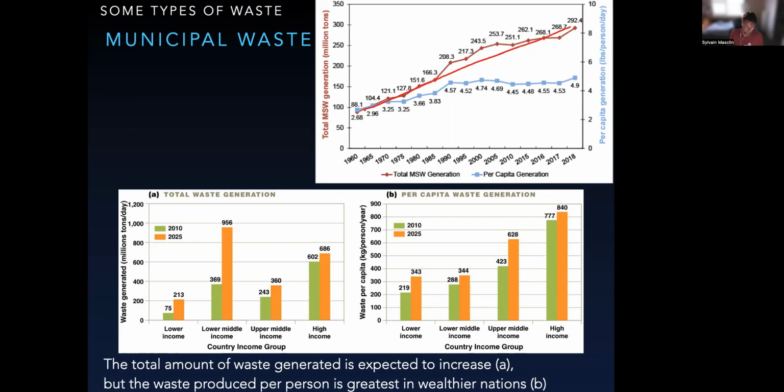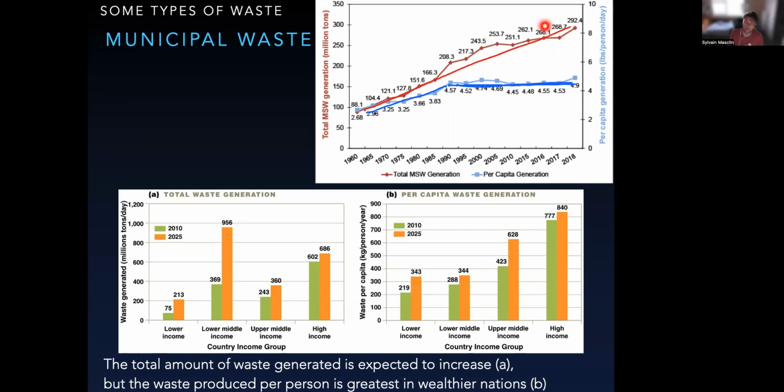More recently, we have not reduced, but we have stabilized our production of waste per capita, meaning if we're looking at the waste produced by each person, we have reached a plateau over the last 20 years, more or less. We were initially increasing it, but over the last 30 years, more or less, we are reaching a plateau. So this is at least a good sign showing that we have been able to, well, not to reduce, but to stop the growth of our production of waste.